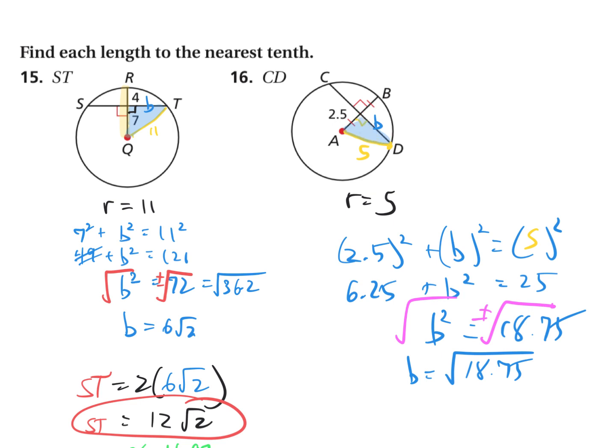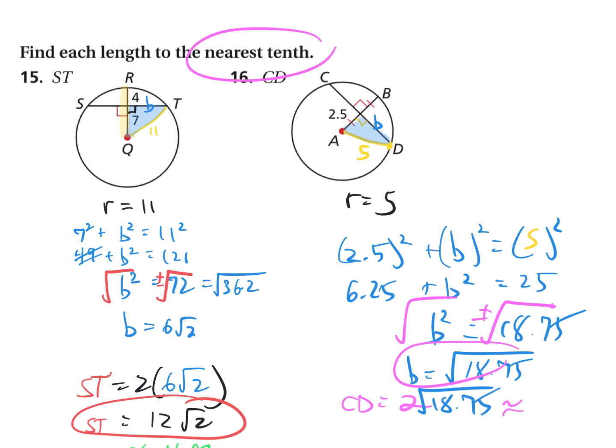So CD equals 2 of these. And when we put that in our calculator, and round to the nearest tenth, that's approximately 8.7. All right. I hope that helps for problems like 15 and 16.